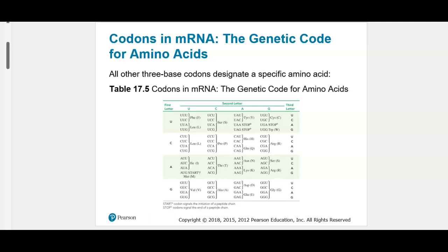A couple of amino acids are coded for by a single codon. For example, methionine is coded for only by AUG, and tryptophan is a single codon, UGG.